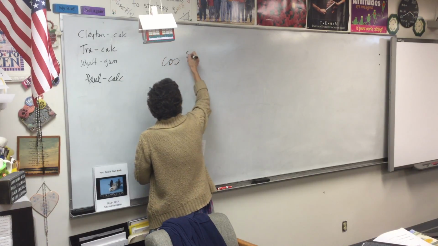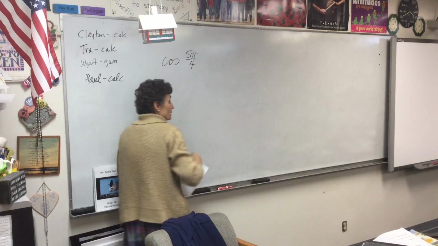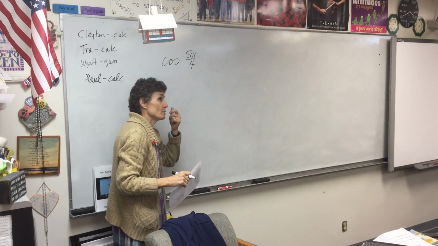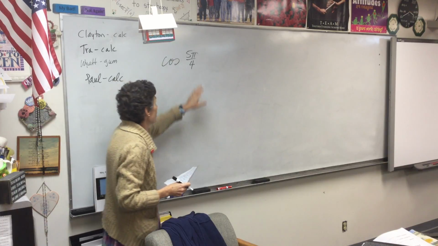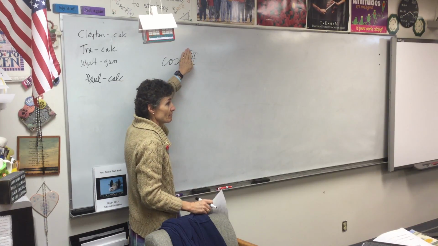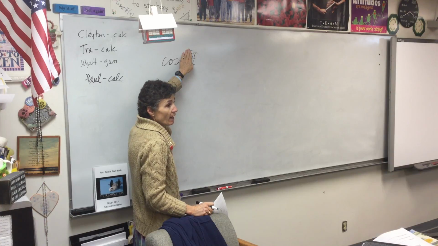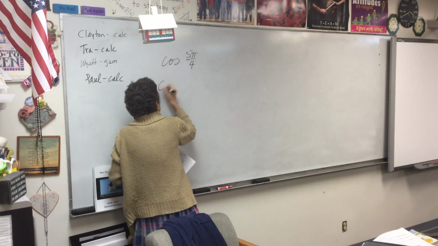Cosine 5 pi over 4. Probably the first thing I'm going to want to do is change this into degrees. So pi is 180, divided by 4 is 45, times 5 is 225.